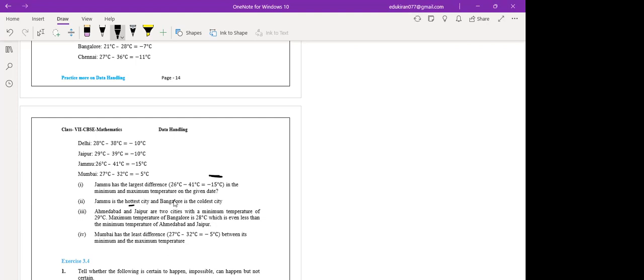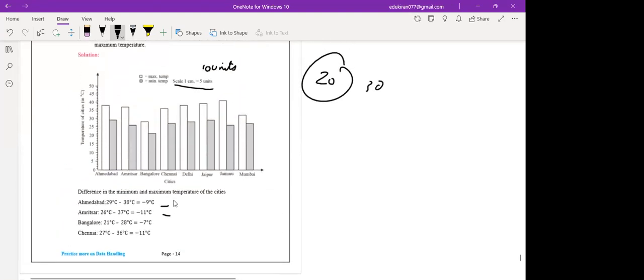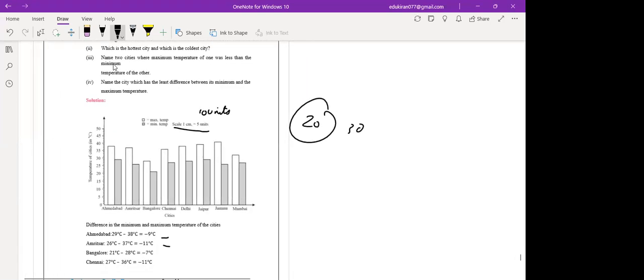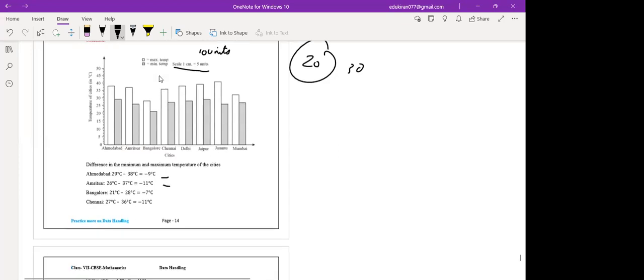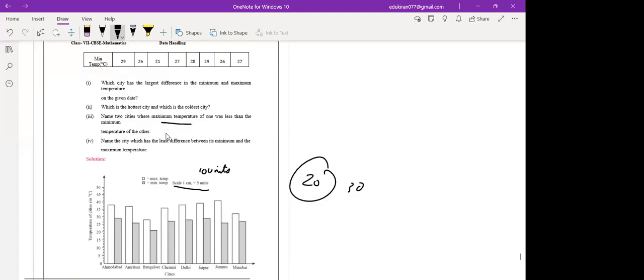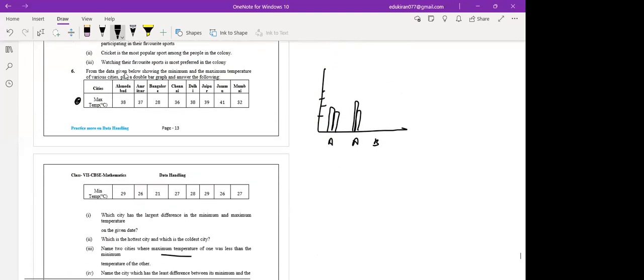Then ma'am, I still didn't get the third question. Wait a minute. See, you have to name two cities where maximum temperature of one was less than the minimum temperature of the other. Right? So over here, the two are Ahmedabad and Jaipur. So it is 38, it is 29, right?